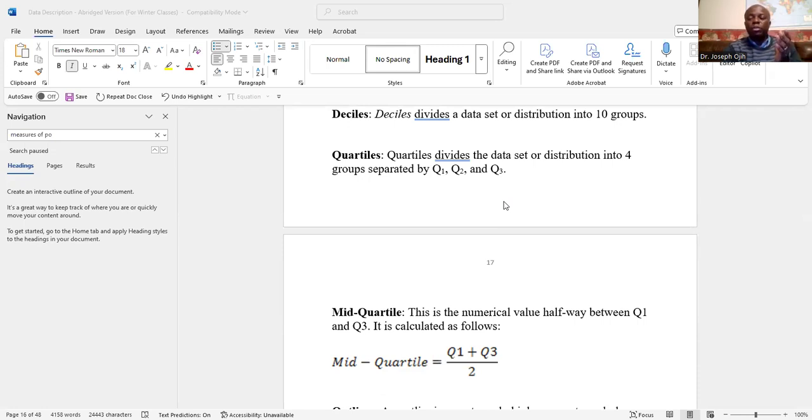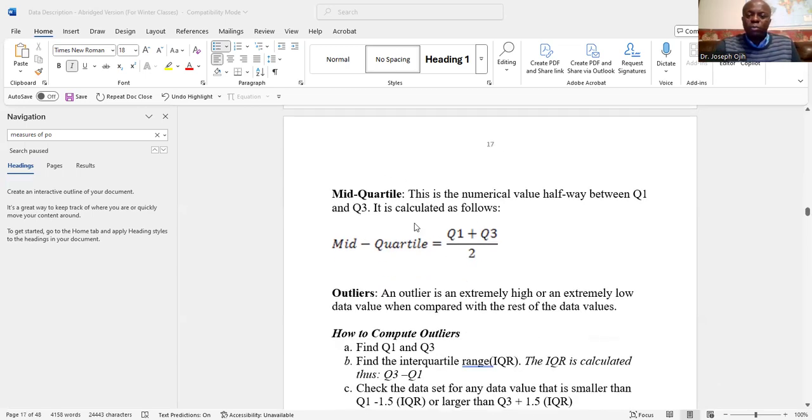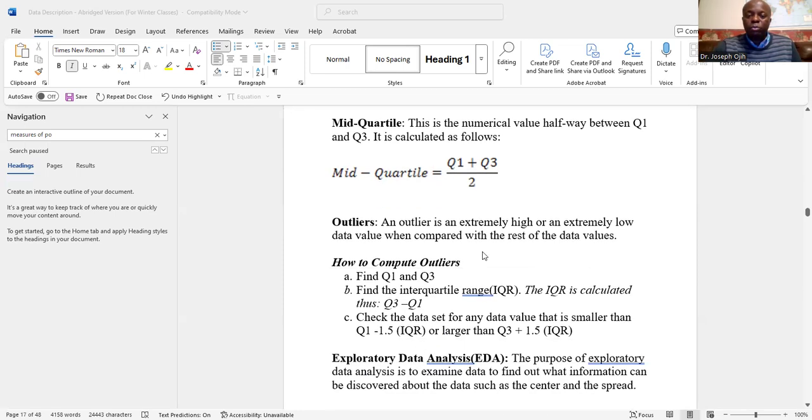That's every 3 months. And some colleges run a quarter system instead of semesters. So that will give you an idea what quartile is. There's also the midquartile, which we will learn how to calculate, which is the first quartile plus the third quartile divided by 2.